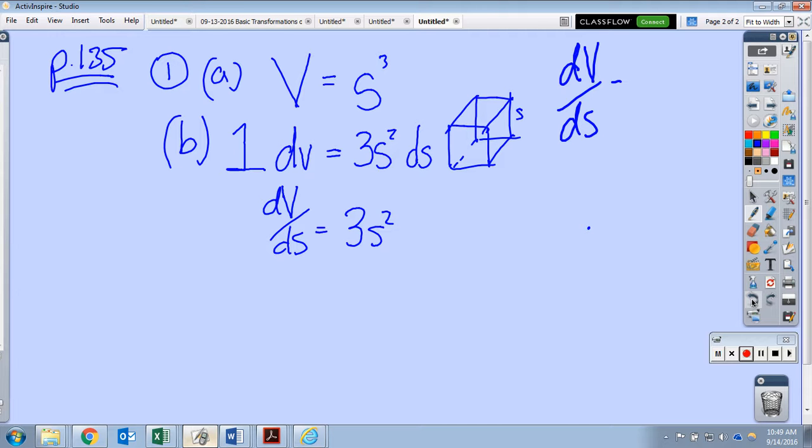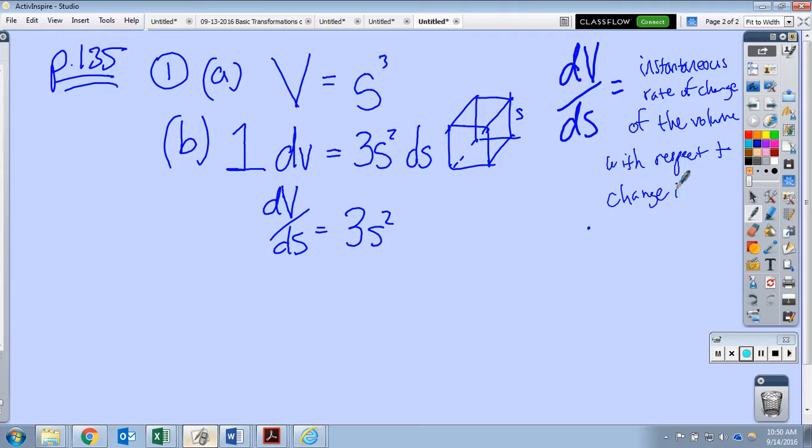Literally: instantaneous rate of change of the volume with respect to change in side length.